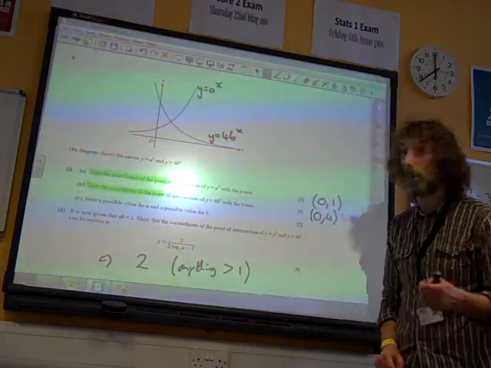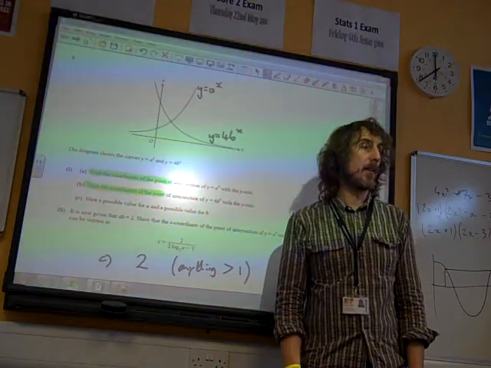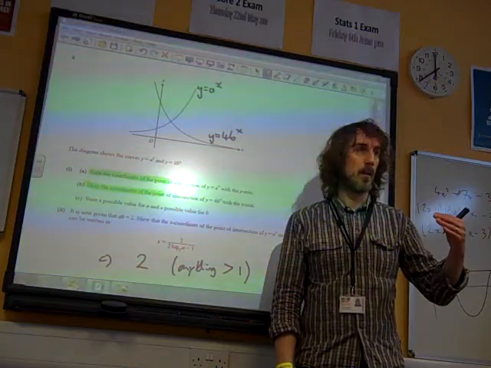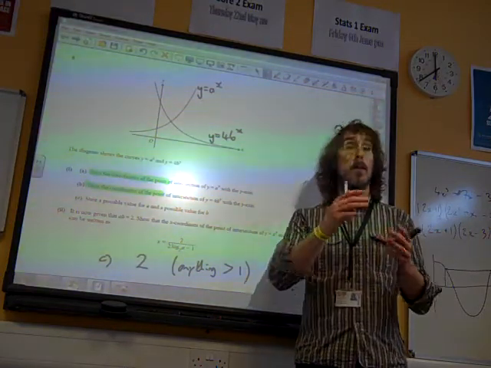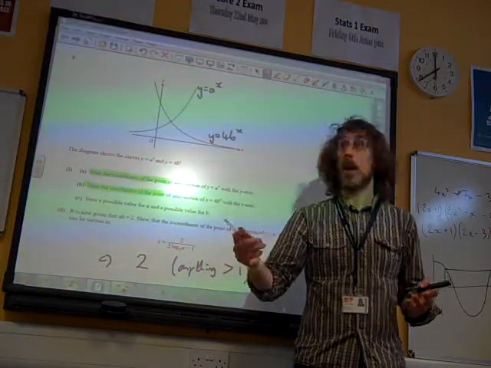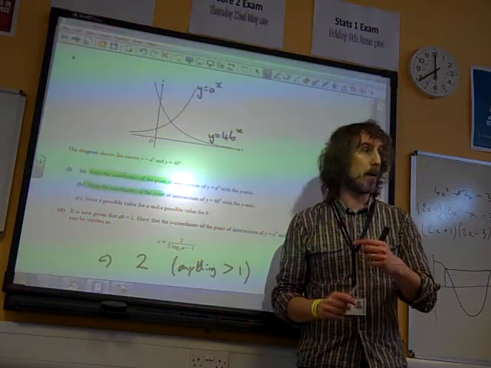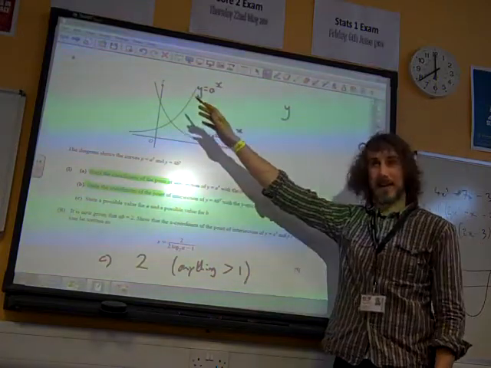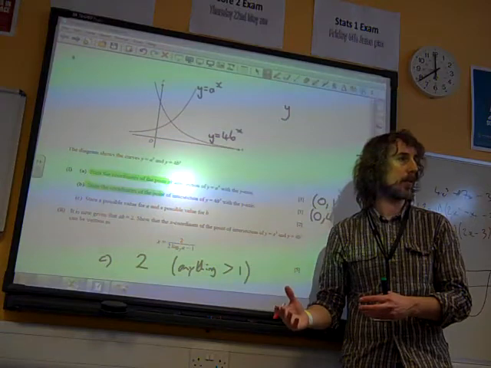Now for the second one, this shape of curve, this is what we get if we have something like 2 to the minus x, for example, which is one of the graphs that we've talked about as being that kind of shape. It's something to the minus power.